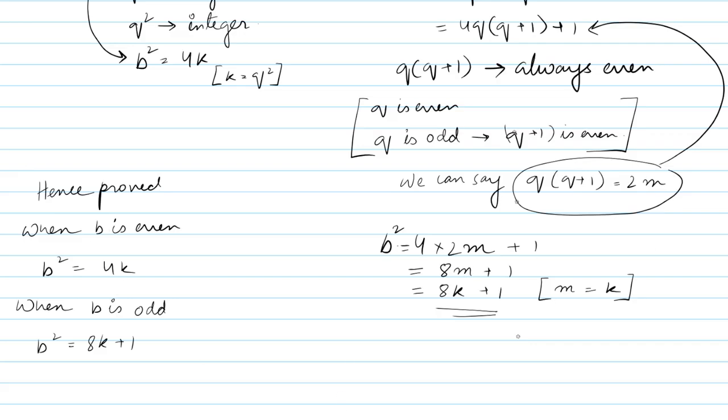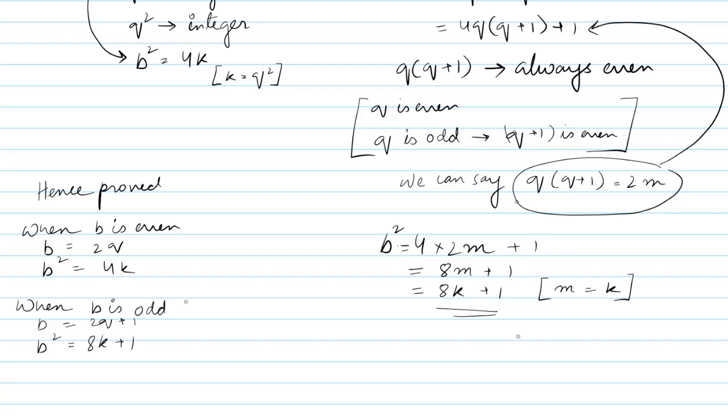Over here, what I was trying to say is that b equals 2q when even, and b equals 2q plus 1 when odd.